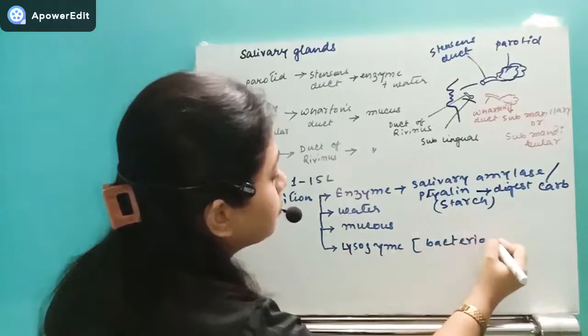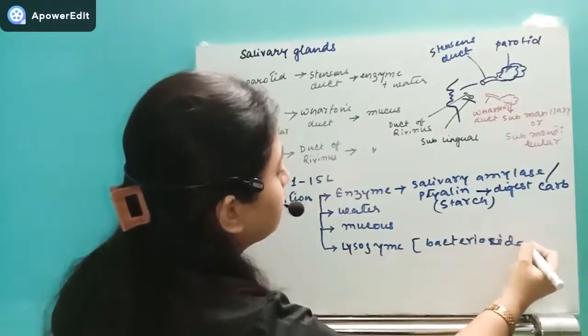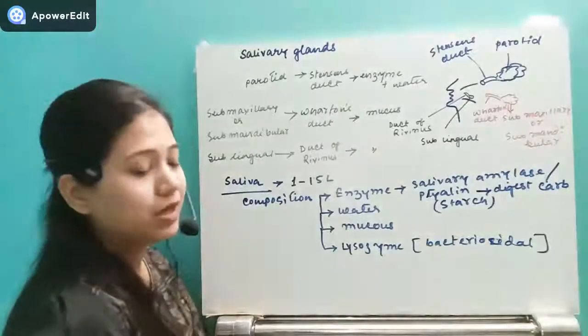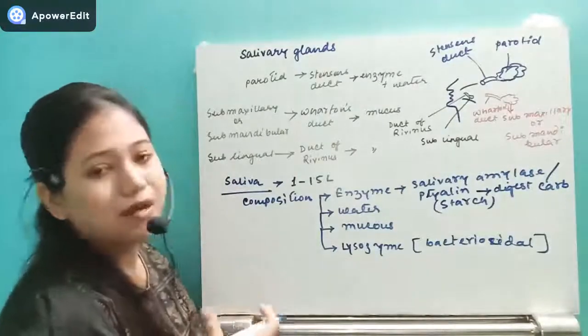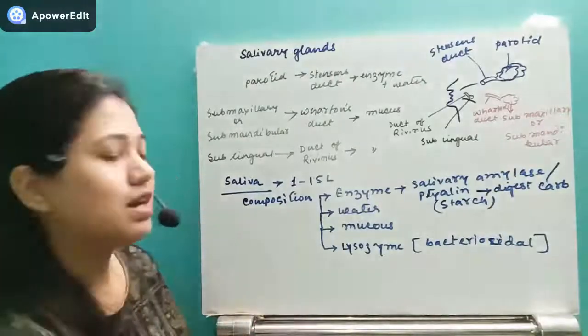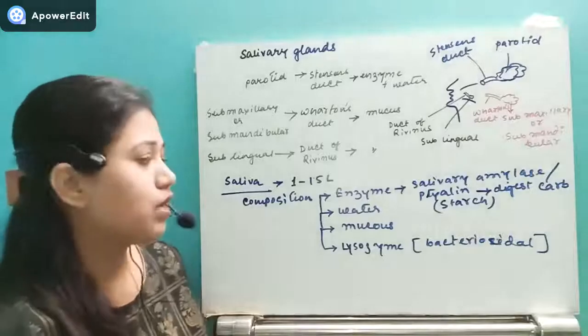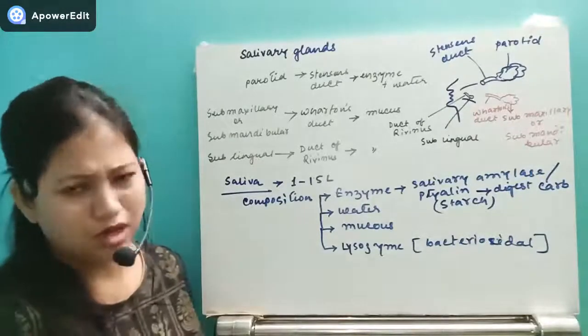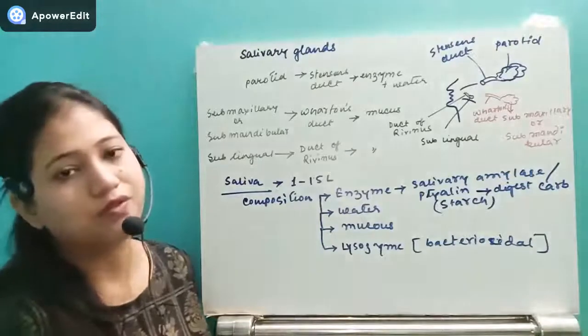It's bactericidal in nature. So it is going to have the lysozyme, which kills the bacteria present or found in the food. So this is the composition of the saliva. Remember that per day we release around 1 to 1.5 liters of saliva.